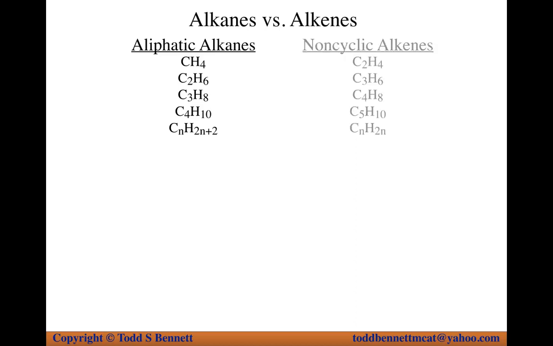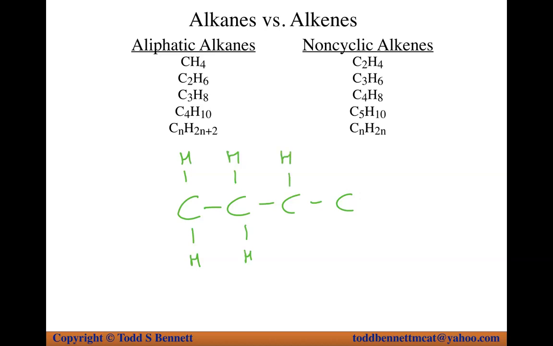I also want to consider non-cyclic alkenes. If I take any chain length, let's take the C4H10 that I didn't draw. C4H10 has 1, 2, 3, 4, 5, 6, 7, 8 hydrogens, plus the 2 H's that dangle off the ends.